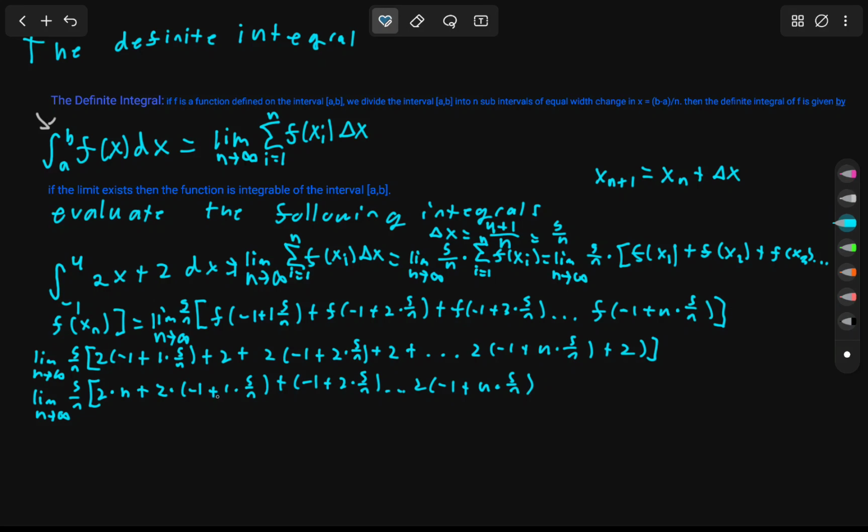Now we're going to expand this portion out and distribute the 2's.